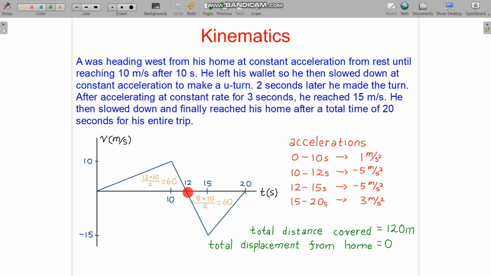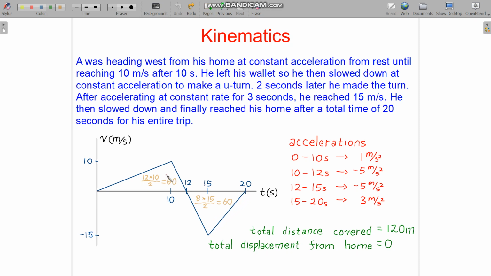Now he is going backwards, to the left. It's getting faster, the maximum speed is 15 here. After 3 seconds the speed is 15 meters per second to the left, and then it's decelerating, getting slower and slower, and stops here.